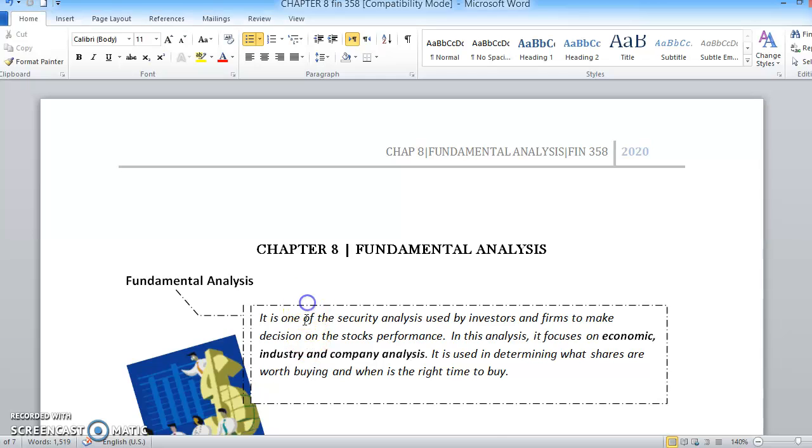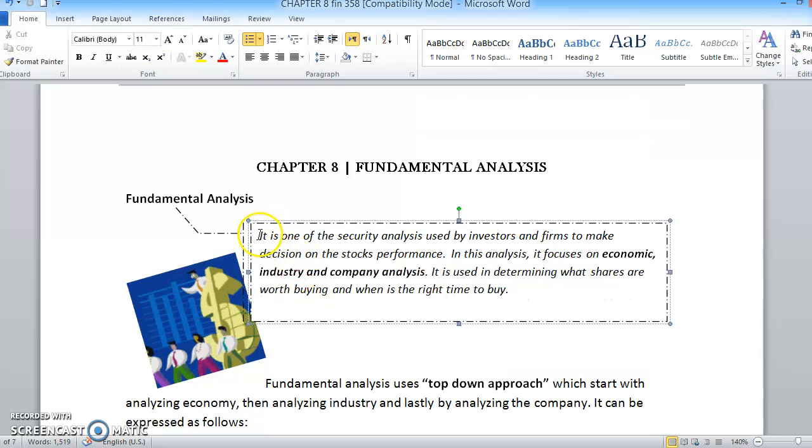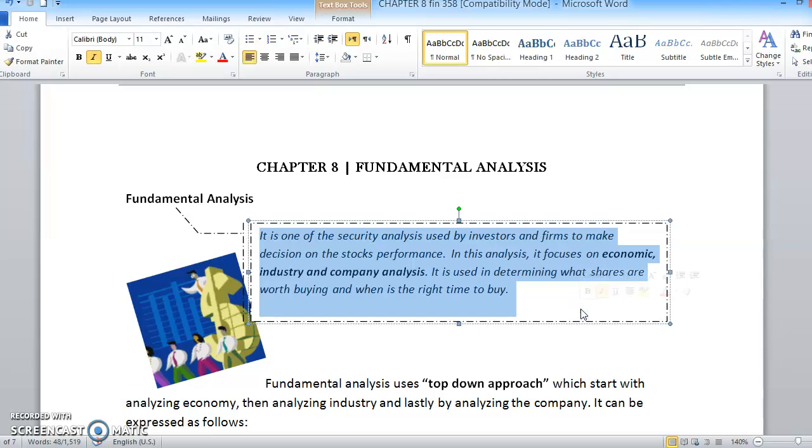So what does it mean by fundamental analysis? It is one of the security analyses used by investors and firms to make decisions on the stock performance. This analysis focuses on economic, industry, and also company analysis itself.